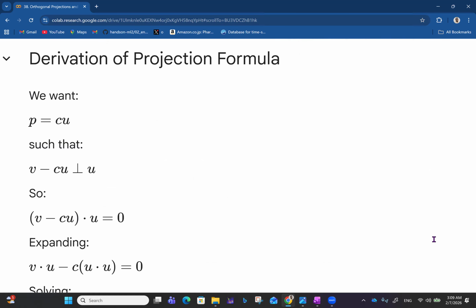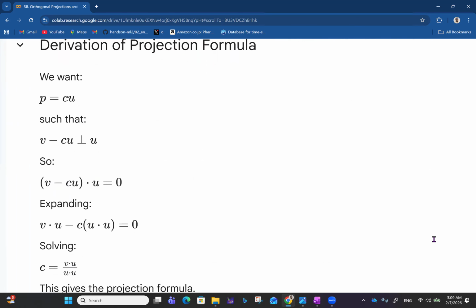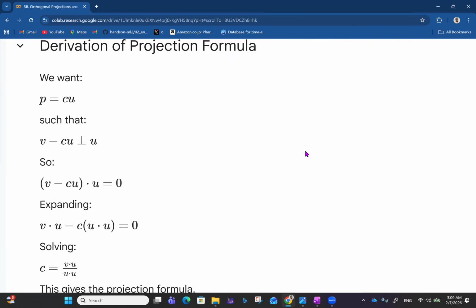Okay, so let's talk about the derivation of the projection formula. Very straightforward. We want the projection to be C times U, such that V minus CU is perpendicular to U itself. In that case, V minus CU dot U is equal to zero because they are perpendicular. If we expand that, we have V dot U minus C times U dot U, and all of that is equal to zero.